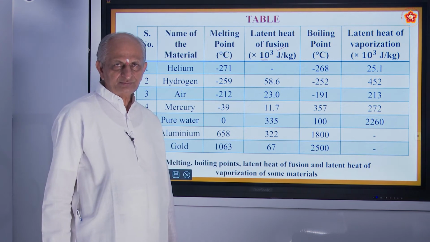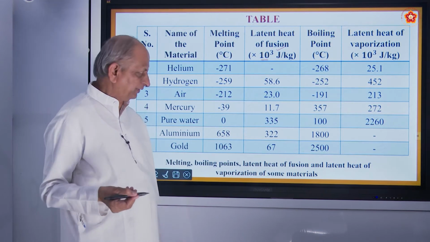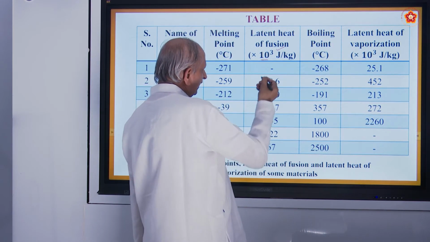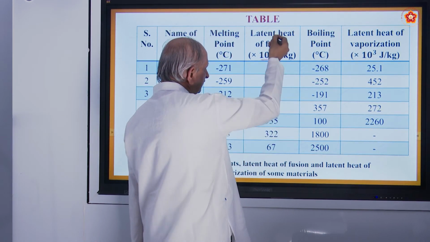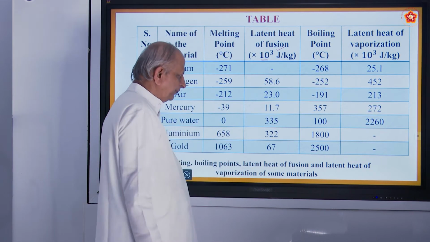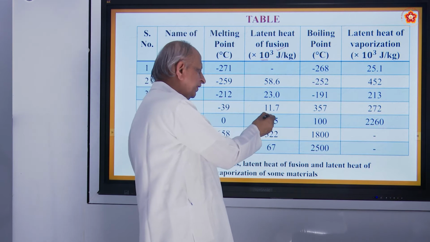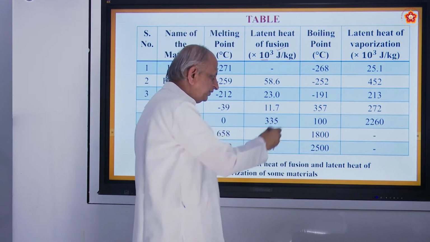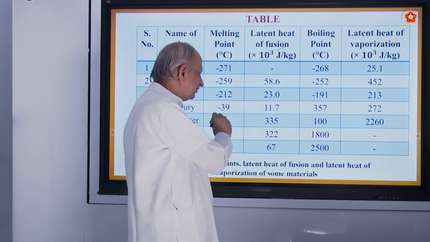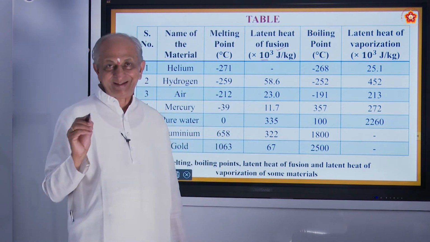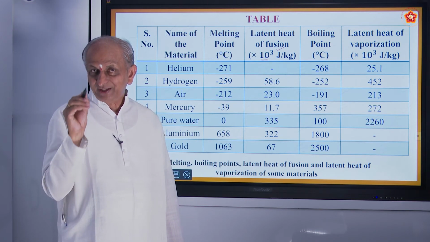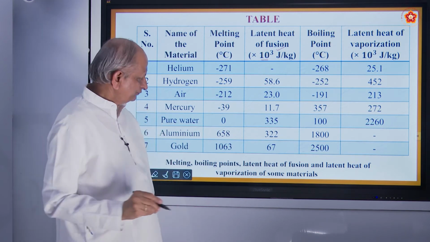So water starts melting from 0 degrees Celsius, which is in the form of ice, and the latent heat of fusion is 335 joules, which means that 335 joules of heat energy is to be given to convert 1 kilogram of ice into water completely, and most important, without rise in temperature.